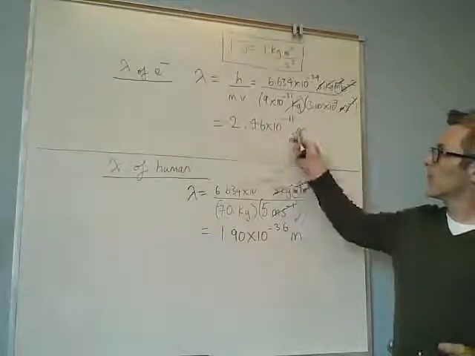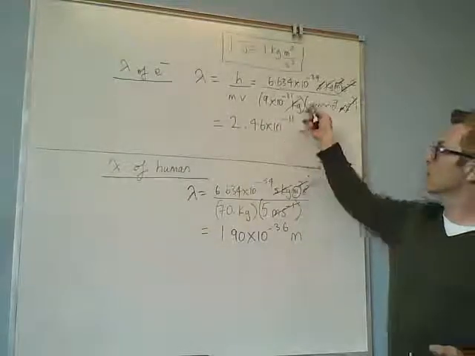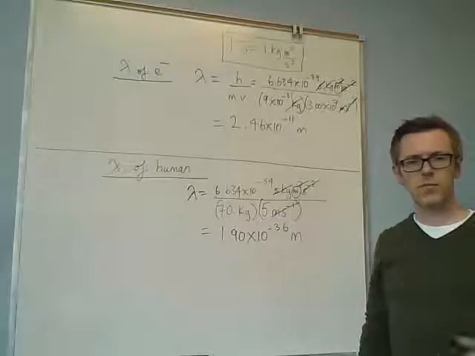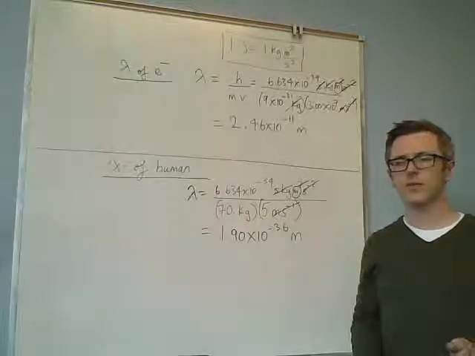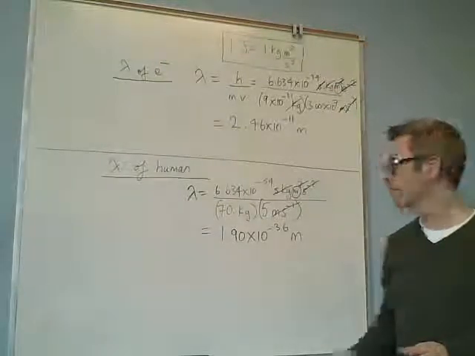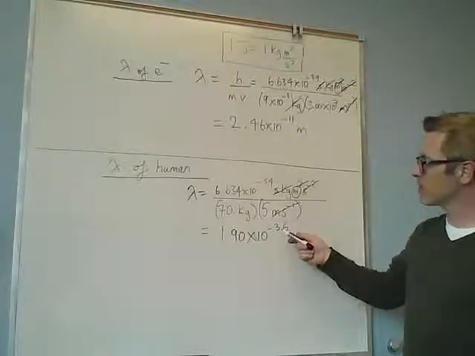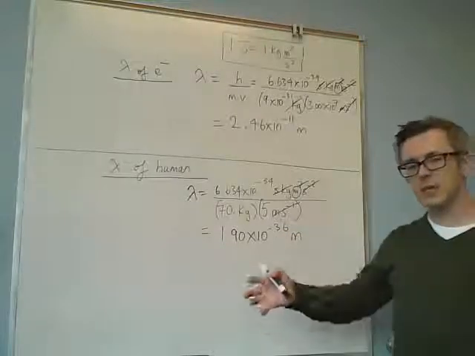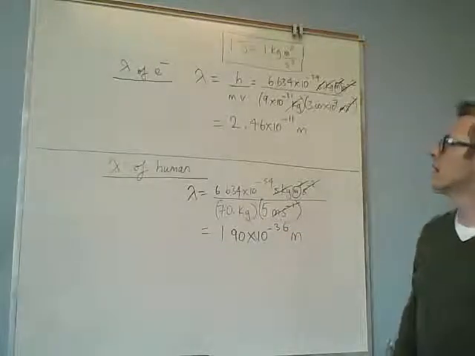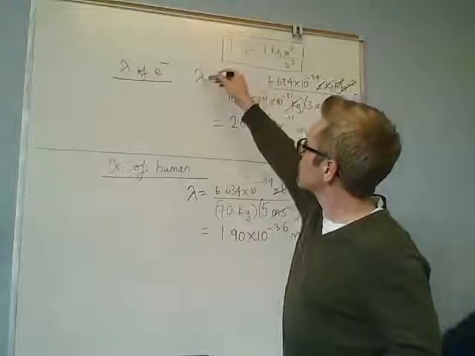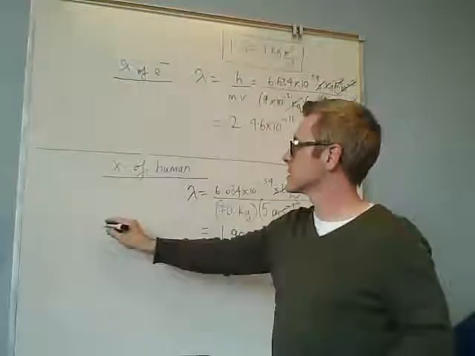Again, with the electron, 10 to the negative 11 was much larger than Planck's constant, so we have to consider the wave nature as well as the particle nature. For something as large as me, though, I get a wavelength much smaller. Heavy objects have smaller wavelengths, if you'll recall, because wavelength is proportional to 1 over mass.